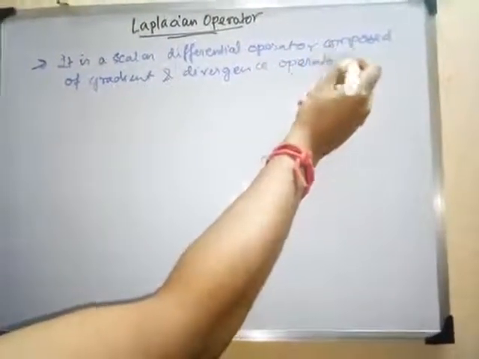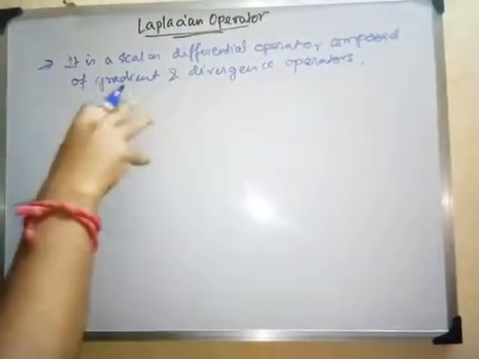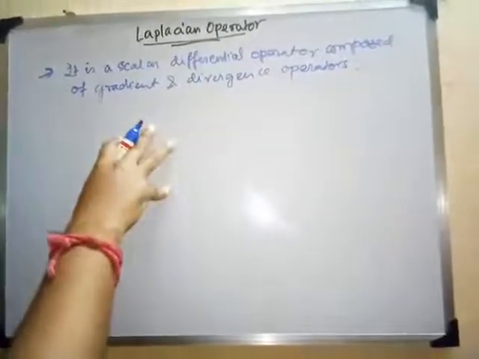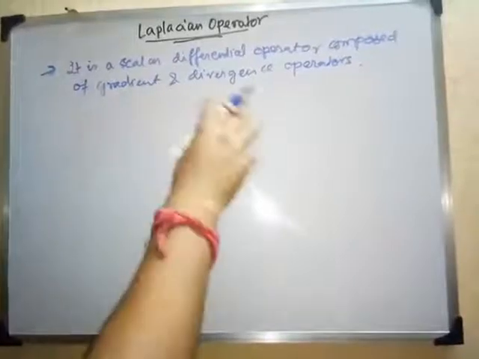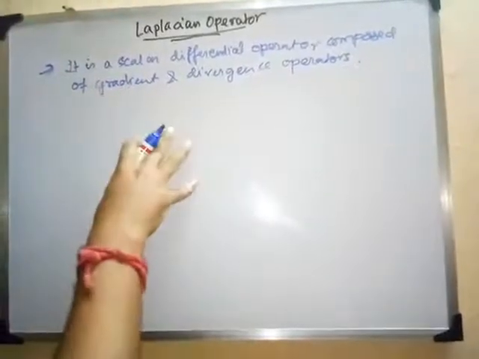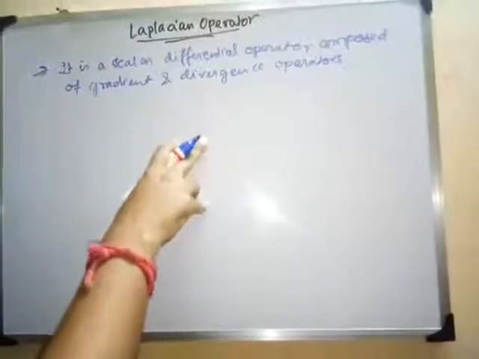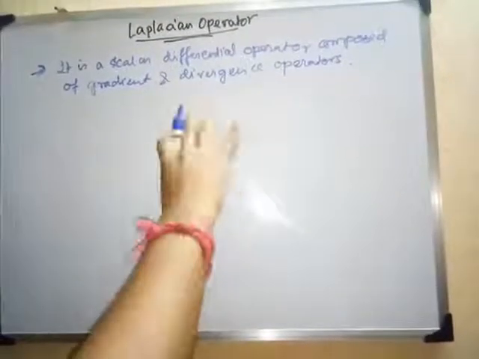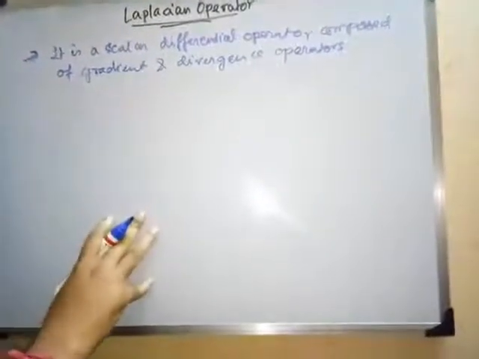Previously we have operated either gradient or divergence separately. Now in the case of Laplacian operators, we will use gradient and divergence both together. So this is one of the properties to remember.